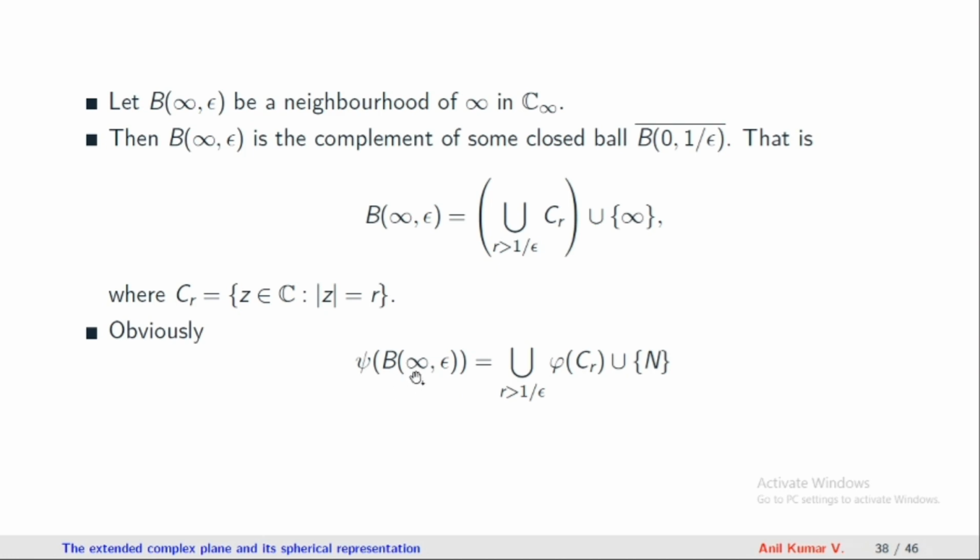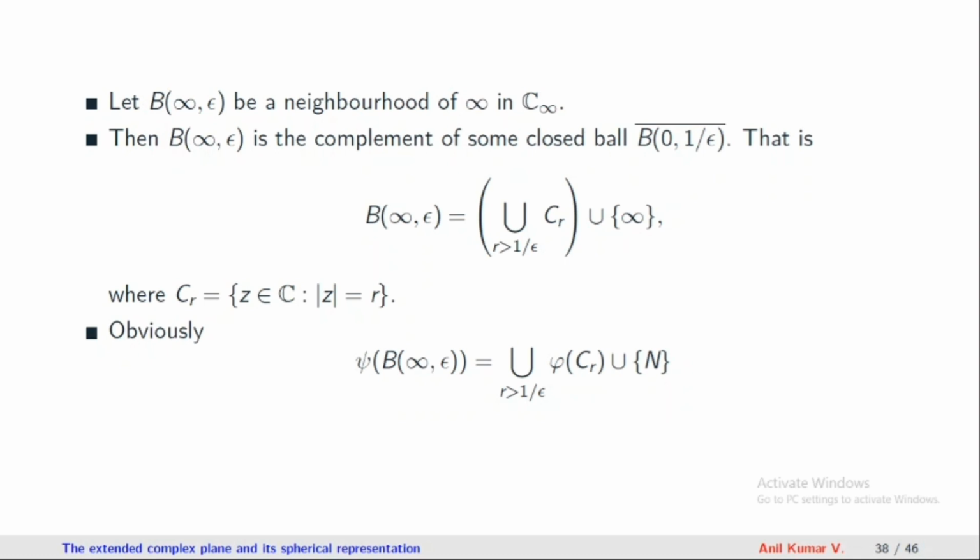So the image of this neighborhood is an open set in S2. Hence psi maps each open disk to an open set in S2. Hence psi is a homeomorphism between C infinity and S2.